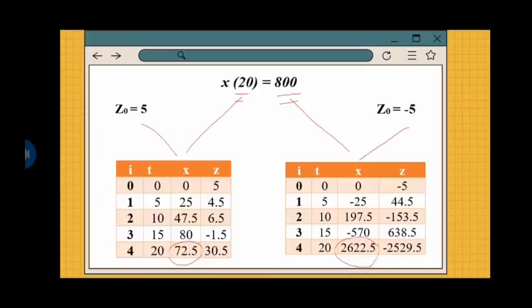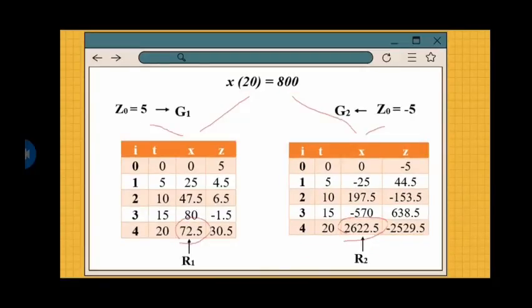Because of that, we need to use linear extrapolation to find the new initial guess. But before that, I just want to tell you that our z equals 5. This will be our g1.